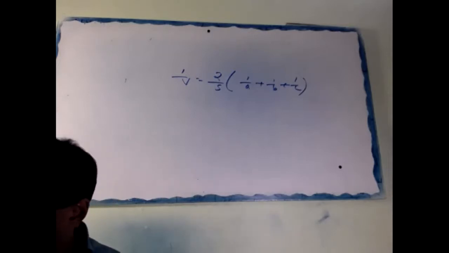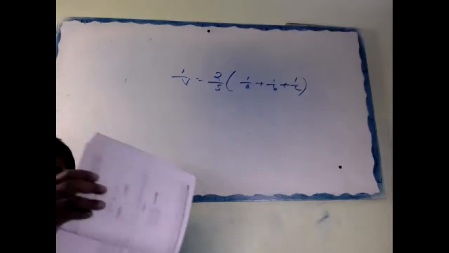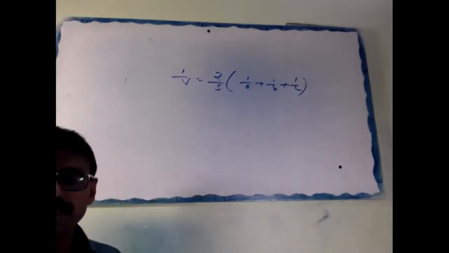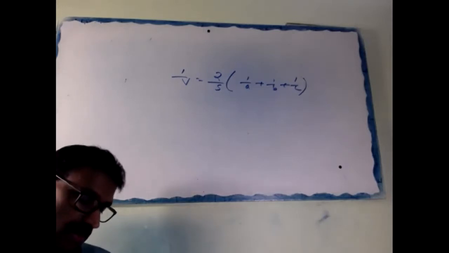Okay, try this one. V is the volume, A, B, C are the sides, S is the total surface area. Then show this one.